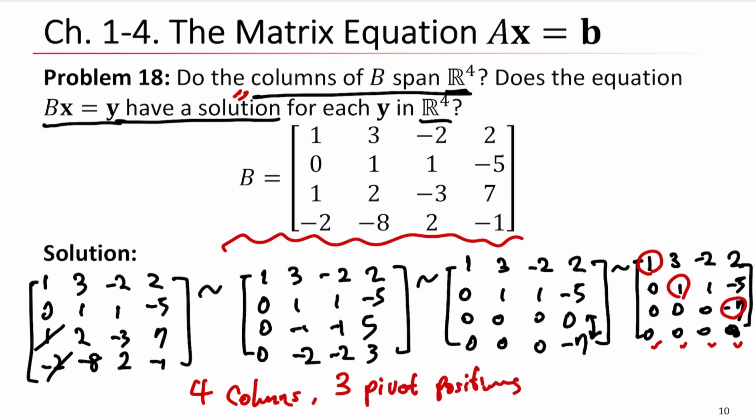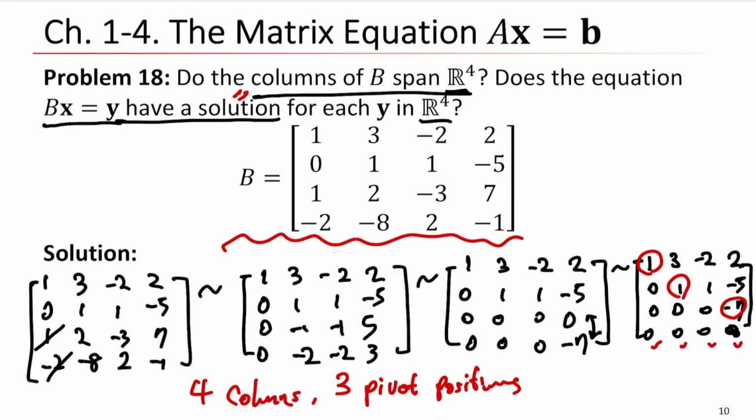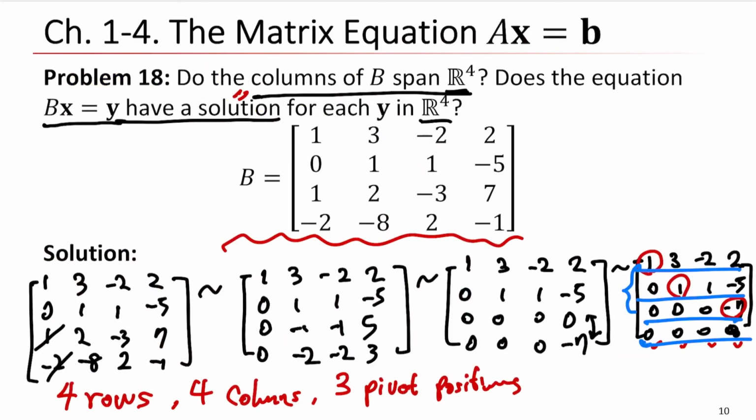So it means that here, A does not have a pivot position in every row. Let's say these are the full rows, and each row, these three rows have the pivot position, but this row doesn't have the pivot position, right? So in this case, we can say that this is not true, right?